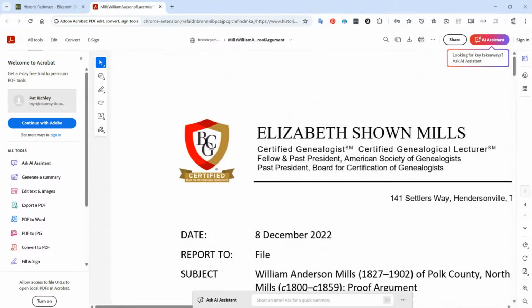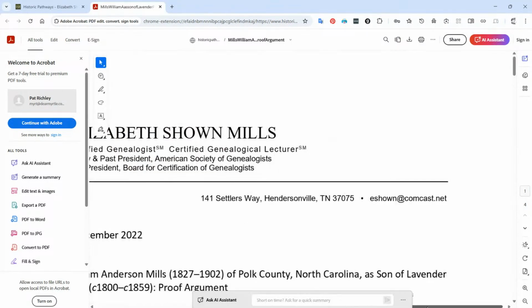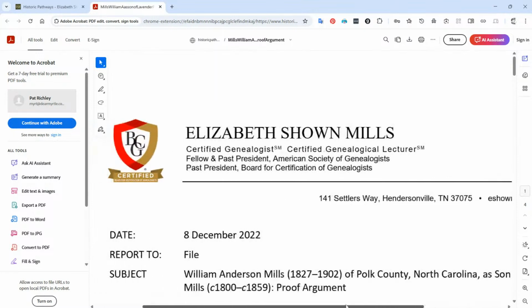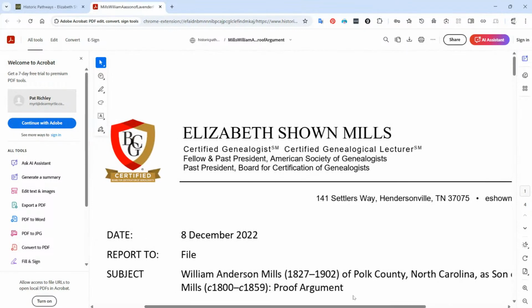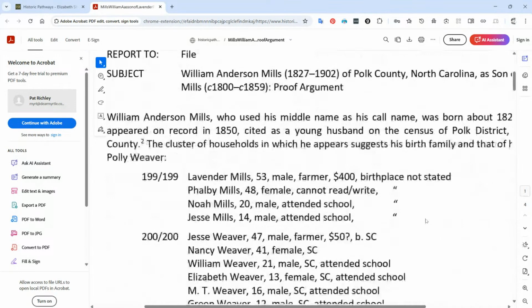See how she uses her own letterhead and she sends it to herself. Okay, December 2022. I don't know what this is. Oh, go away, AI assistant. Okay. And then here's what she knows.